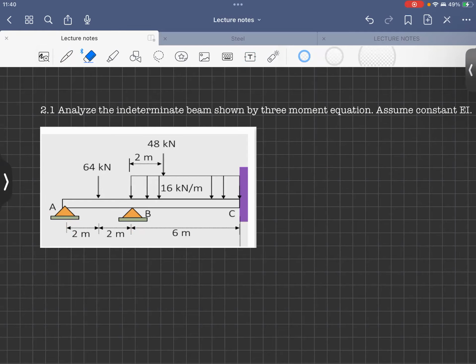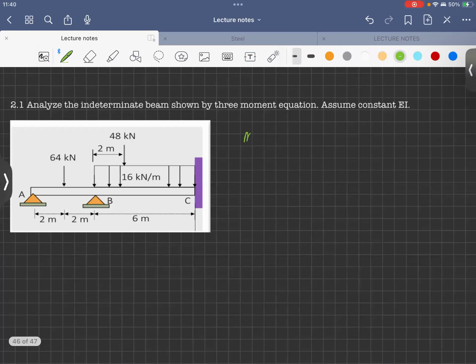So let's solve this first. I'm going to write the three-moment equation. Again, you need to memorize the three-moment equation. So ito yung general equation. Ano yan? M1 L1 plus 2 M2 (L1 plus L2) plus M3 times L2 plus 6A1 a1 over L1 plus 6A2 a2 over L2.